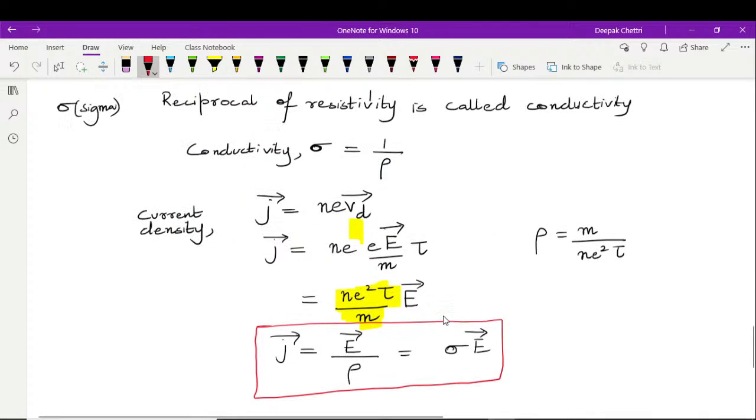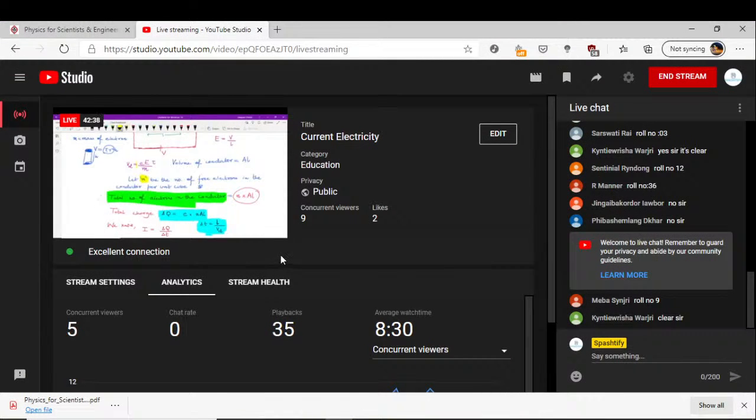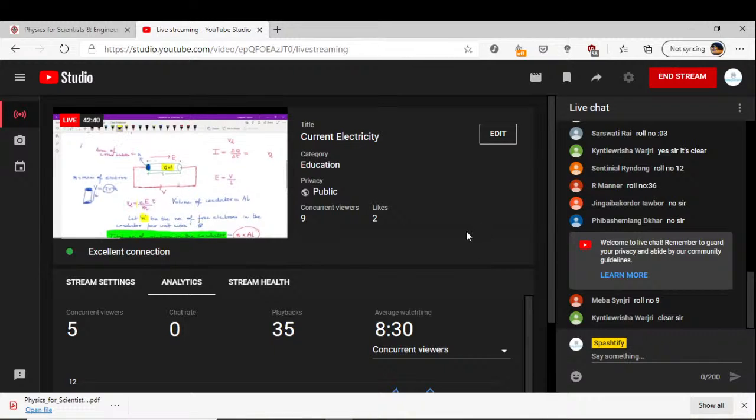Okay, what is J? J is the current density, I have explained on top. And J in fact is equal to current divided by area. So the unit of J will be ampere per meter square, right? This is the SI unit. And I found two different formulas for J. One is E by rho, another is sigma times E. Okay, any doubts anywhere? Any portion you want me to explain again?